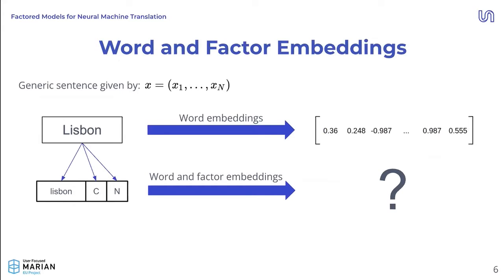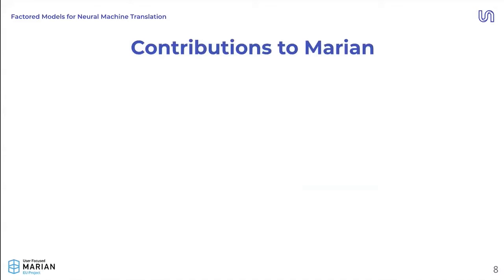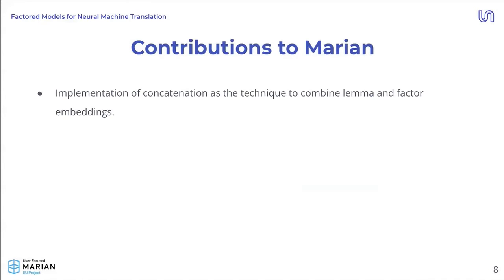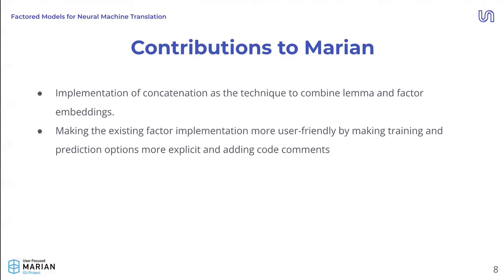That's exactly what our work was about. We implemented a new way of combining the word and factor embeddings in Marian, which was by concatenation, because Marian already had some code there, but it only allowed us to do it by sum.